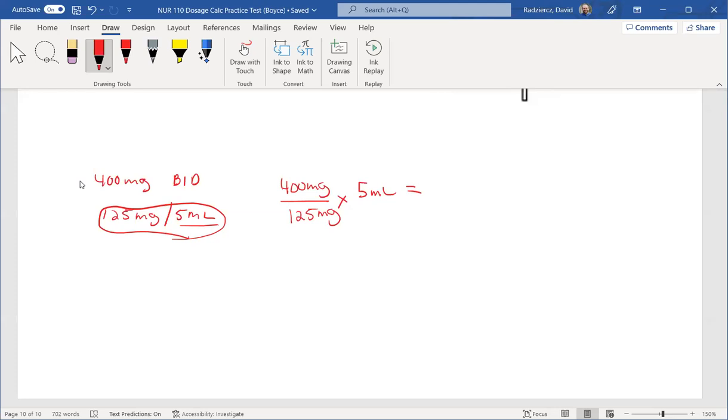So I did 400 times 5 divided by 125, and you get an answer of 16 milliliters. And then for the day, they would be receiving 32 milliliters of this medication.